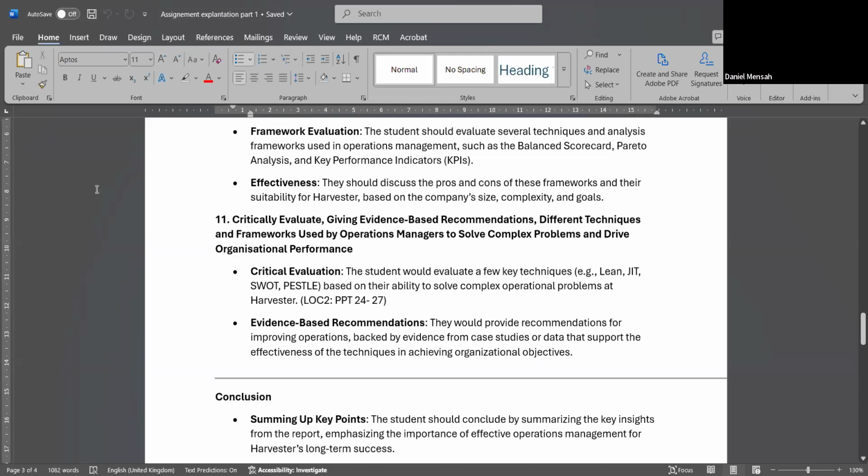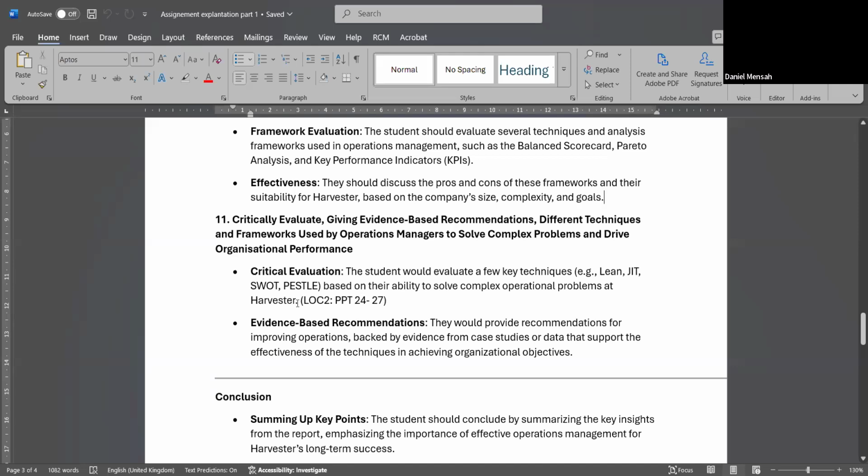Here, you are going to evaluate the key techniques based on their ability to solve complex operational problems at the harvester. You are going to take a few techniques like lean and just-in-time analysis, then explain how these tools help or can be used to solve complex operational problems.